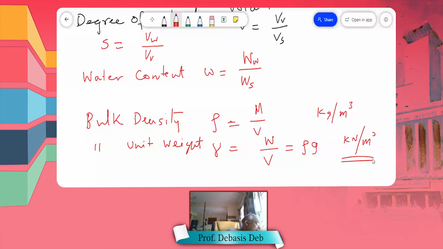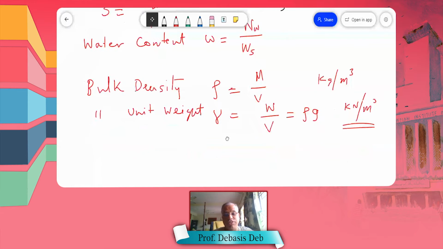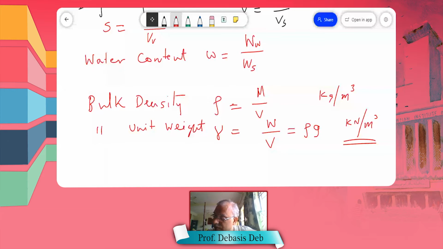And the last one is what we call the grain density. That is very important. We will be using that in a lot of equations. We also call it density, but sometimes use specific gravity.